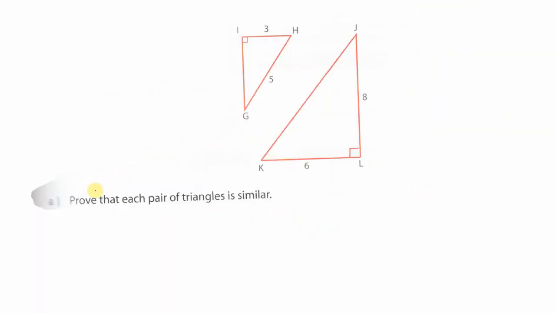Now we are moving on to the second pair of triangles that, according to A, we have to prove are similar. So in this specific case, we have a 90-degree angle that corresponds, and then we are given 2 side lengths.